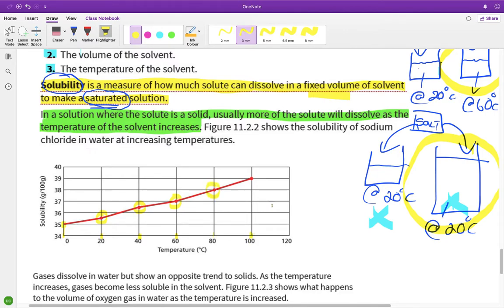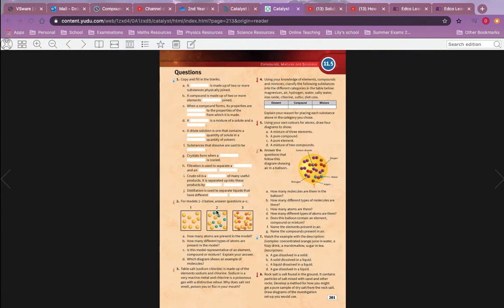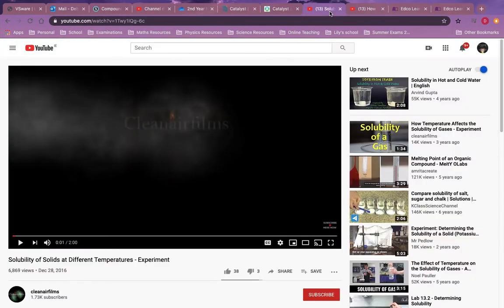Bring it to the water boiling, 100 degrees, and you've got 39 grams. Okay, so you can increase the amount of sodium chloride that will dissolve in water by increasing the temperature of the water. Okay, so we'll just have a little look at how temperature affects the solubility of a solid.